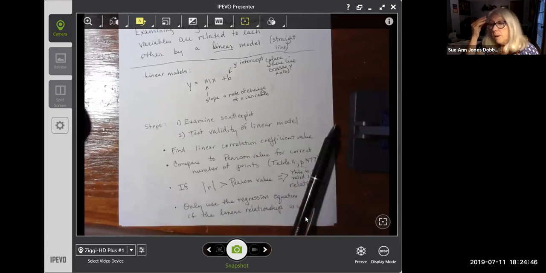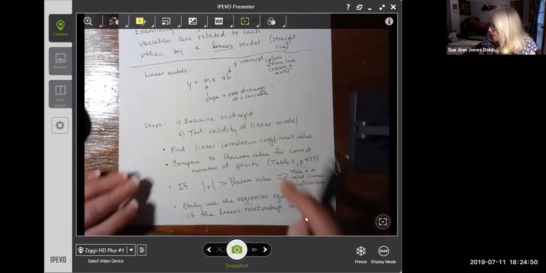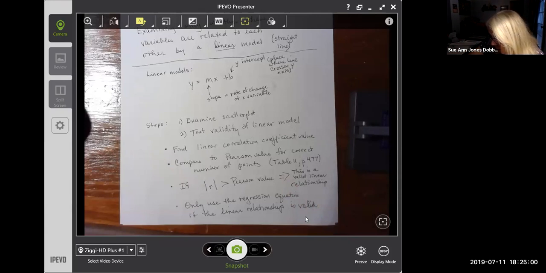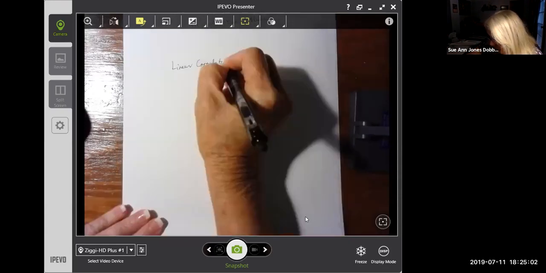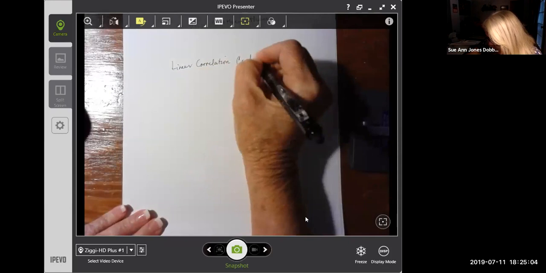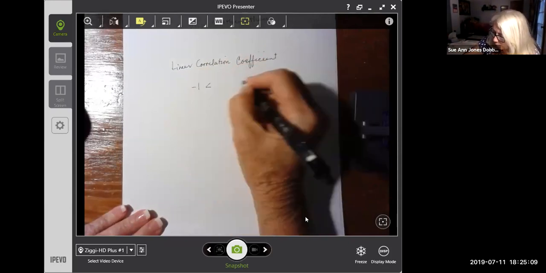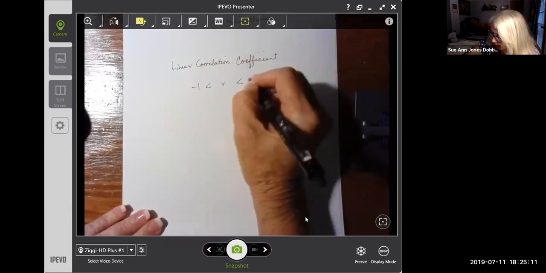But let me say in advance that the linear correlation coefficient always lies between -1 and +1, and it can include them.